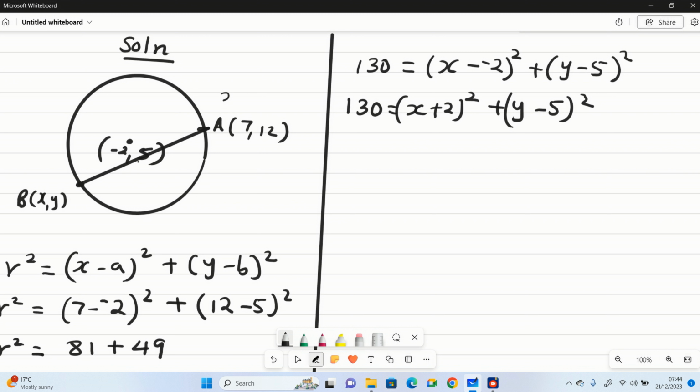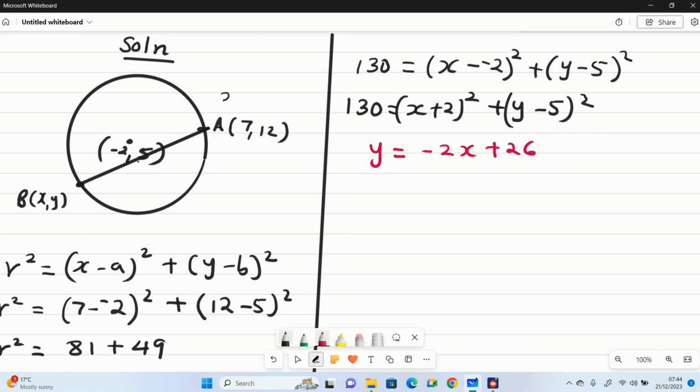So we can then solve this simultaneously. We understand that the equation of the line that was provided was y equals negative 2x plus 26. So where we have y, we can substitute with this value.